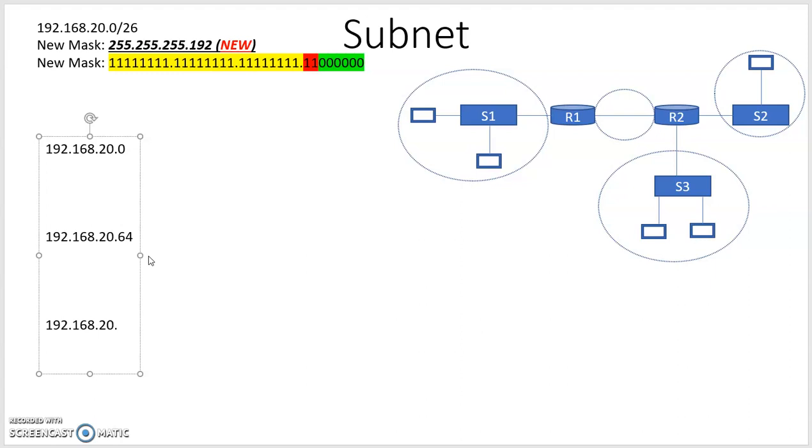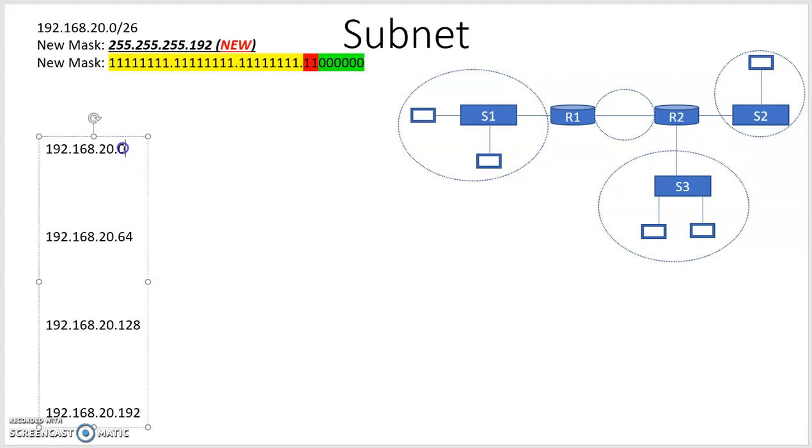Add 64 to 64, so that is 128. That's the starting address of the third subnet. And likewise, the starting address of the fourth subnet is 192.168.20.128 plus 64, that is 192.